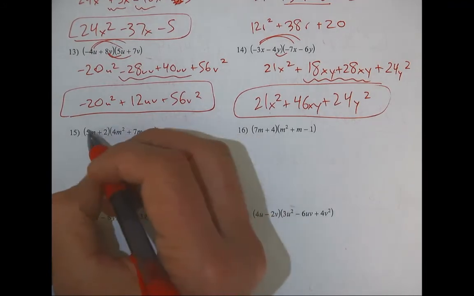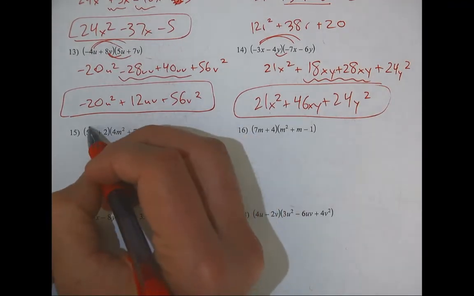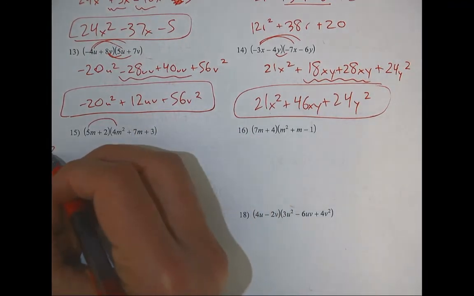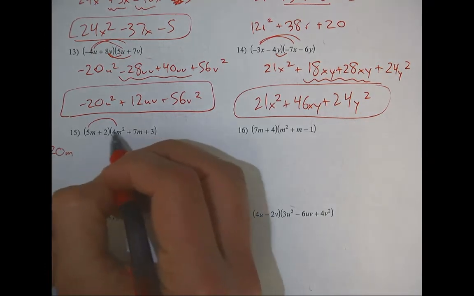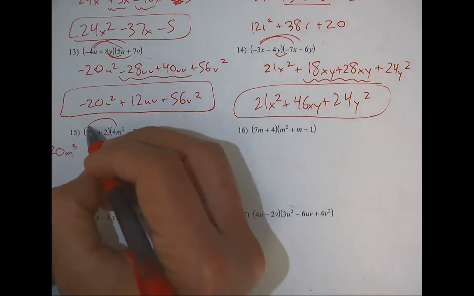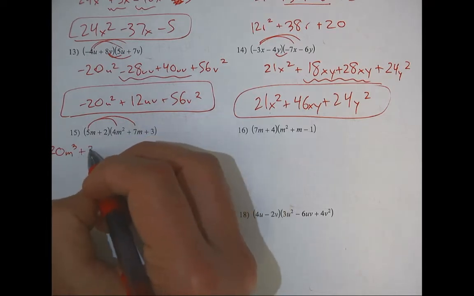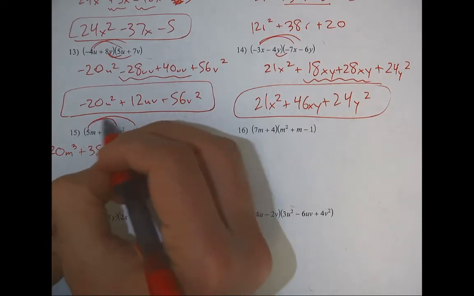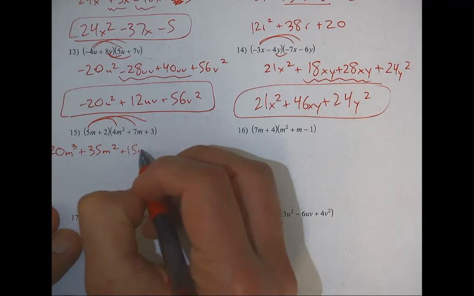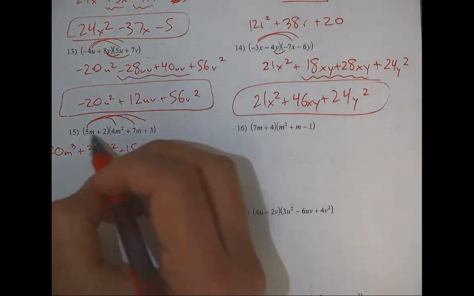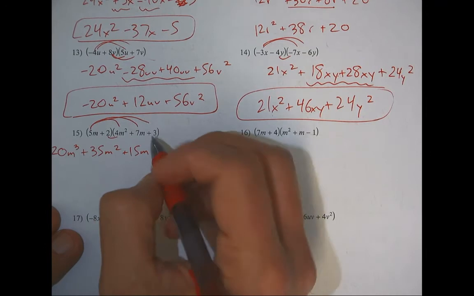15. Now we've got a trinomial here, so we've got to do this 3 times for each. Starting here, 20m. Now it's m times m squared, so it's m to the 3rd. This is m times m, so 35m squared. This is 15m. So I've done 3 so far, all for the 5m. Now I've got to do 3 for the 2.